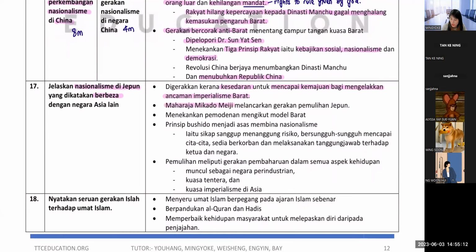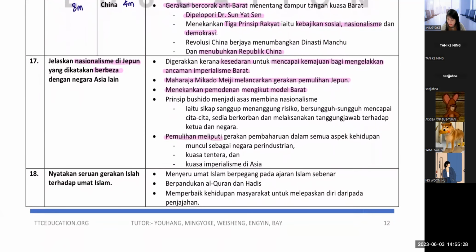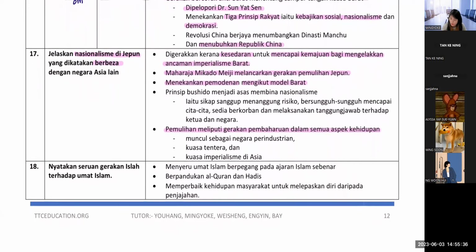Maharaja Mikado Meiji introduced gerakan pemulihan Meiji, which emphasised pemodenan mengikut model Barat. Their pemulihan includes gerakan pembaharuan dalam semua aspek kehidupan, which includes their country becoming an industrial country, a military power, or an imperialist. So actually the main ones are 1, 2, 3, and 4. 4 marks is already enough.